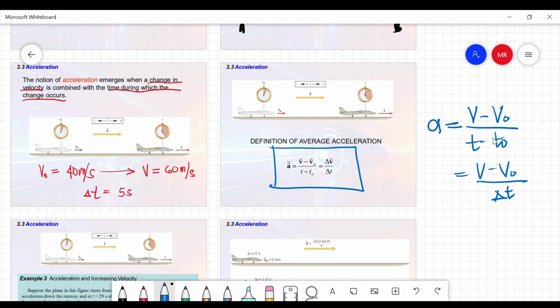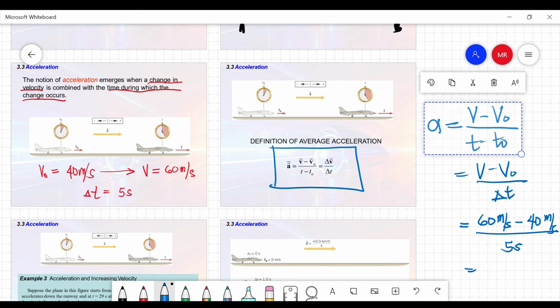Okay, so dito, ang final velocity ay v. Okay, so v is 60 meters per second minus v sub o, the initial is 40 meters per second, all over the elapsed time, delta t, 5 seconds.